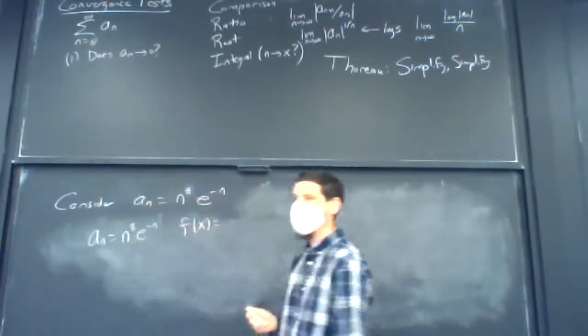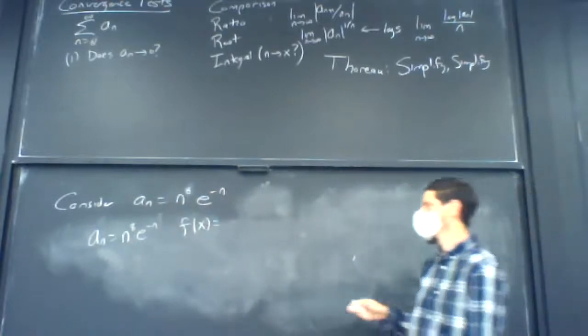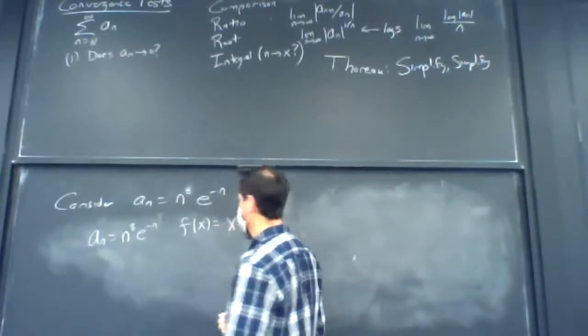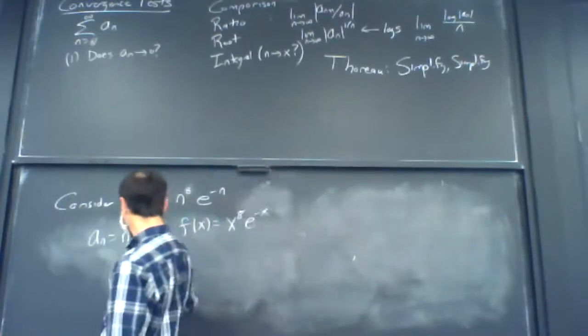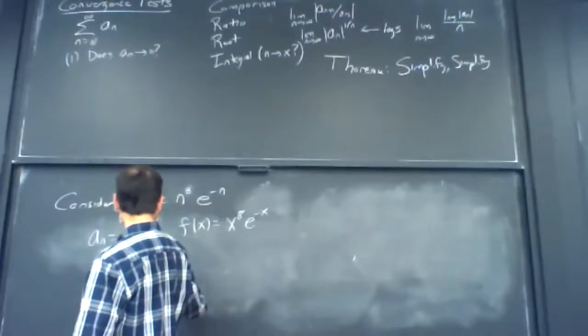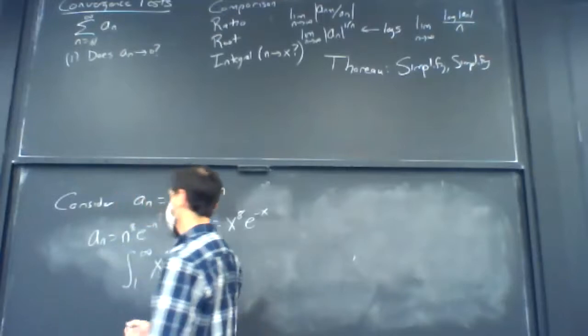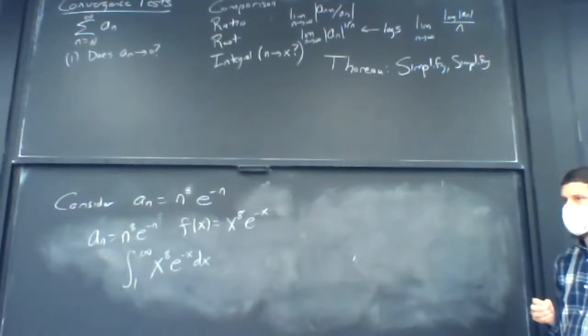What should f of x be? All right, so now we need to integrate from 1 to infinity x to the 8 e to the minus x dx. Is this attractive?